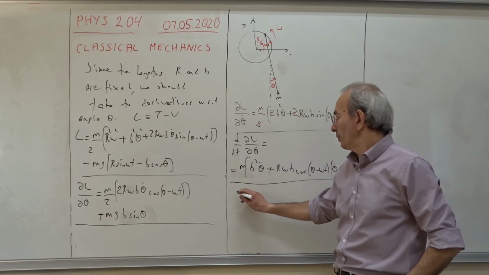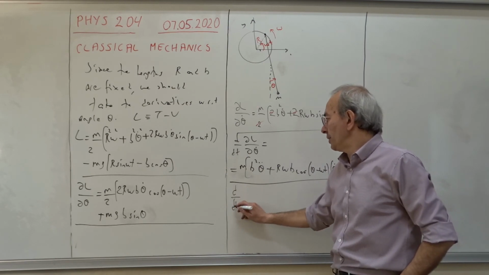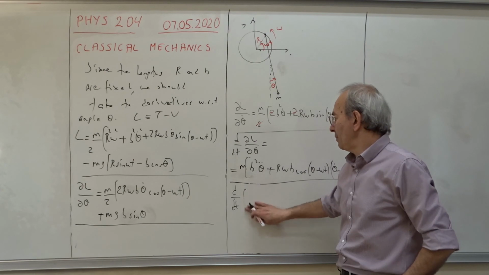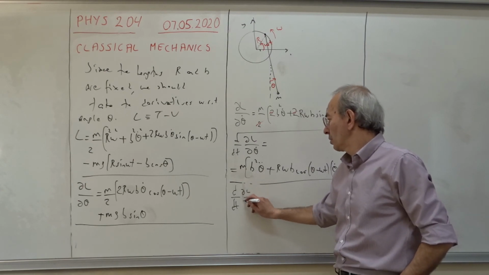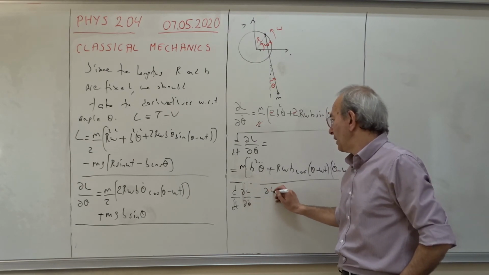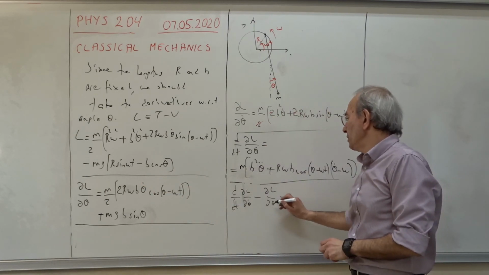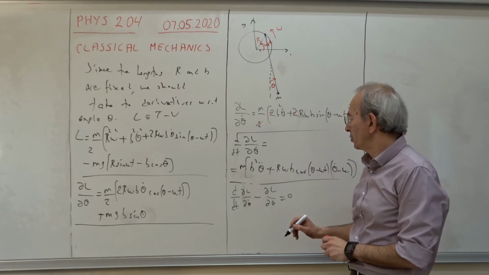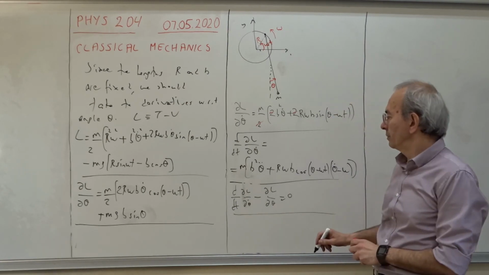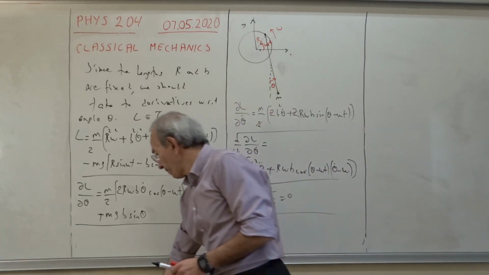Remember that d by dt of del L by del theta dot minus del L by del theta that we found will be 0. So let's write it now over there.